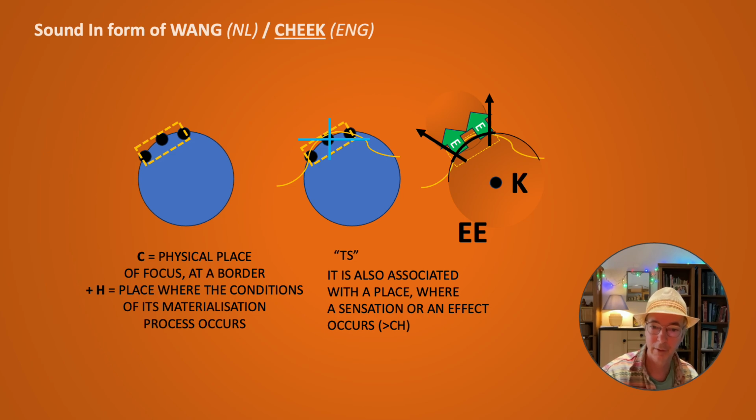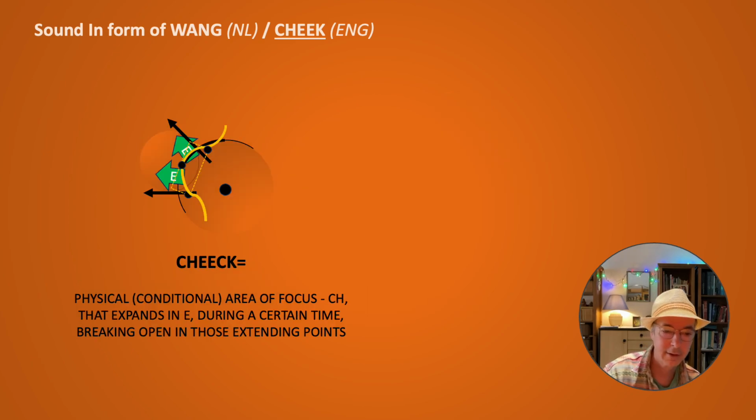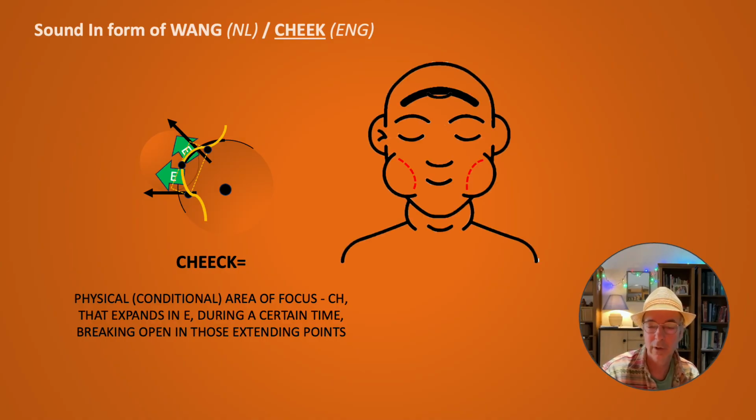It will break open. So cheek, what is it? It's a physical conditional area of focus. It will expand in time during a certain time, and it will break open, of course, from the extending points. We will now compare it to the cheek itself.